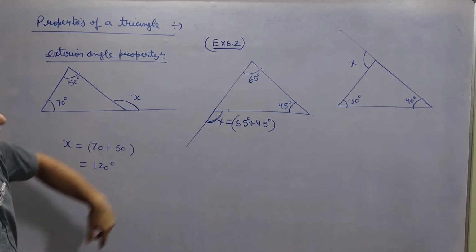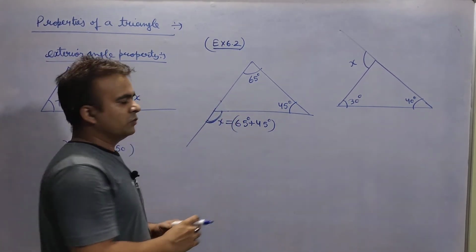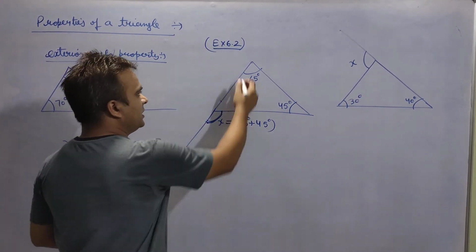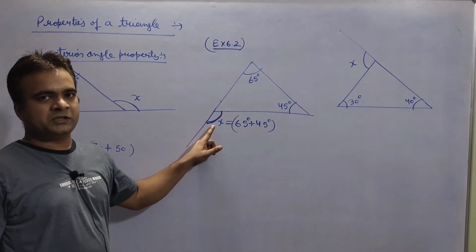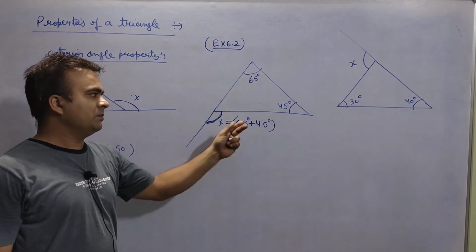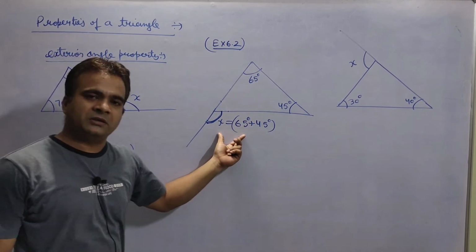It can be in any direction, but you have to be very strong on your concept. What is the concept? That adjacent interior angle you will not consider, but the other two interior angles, which are opposite to this exterior angle, their sum will be equal to the exterior angle, right?